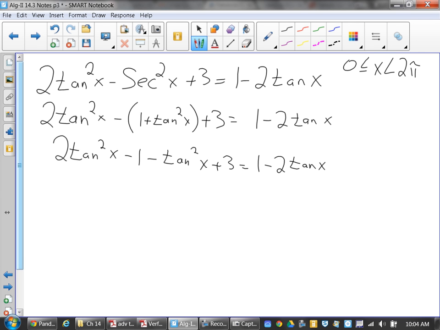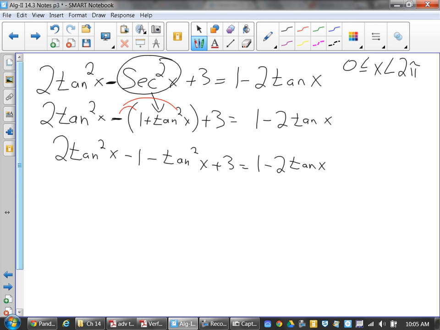Remember, secant squared of x is equal to 1 plus tangent squared. So when you substitute in for this, it just goes there, but remember the minus sign is still out front of it. So you have to remember that you have to distribute into both. Yeah, that'll go bad. And then nothing will work.